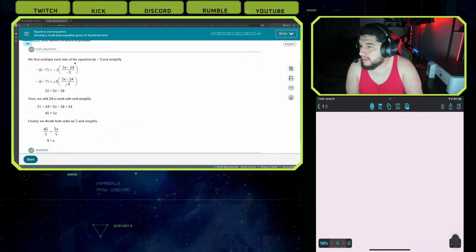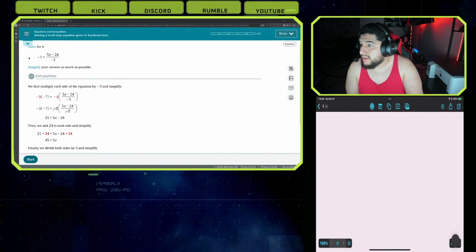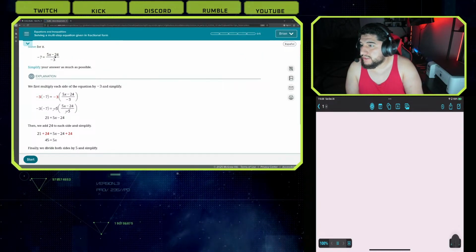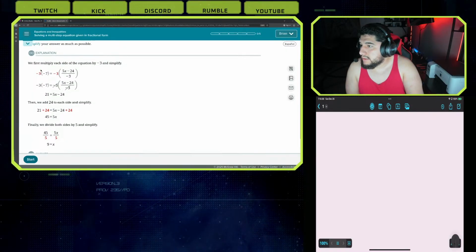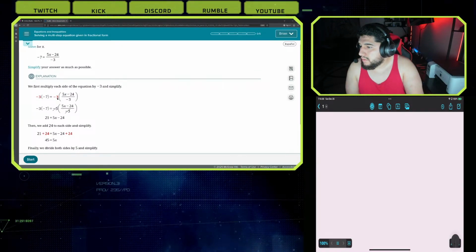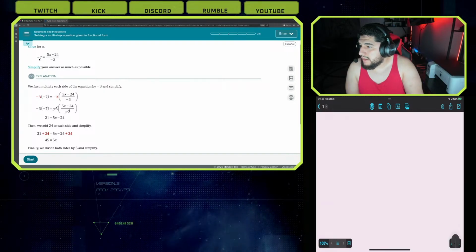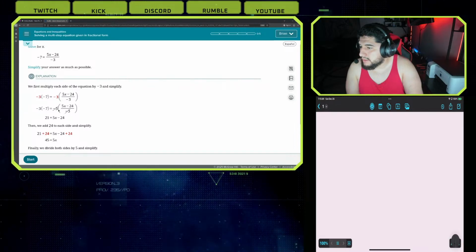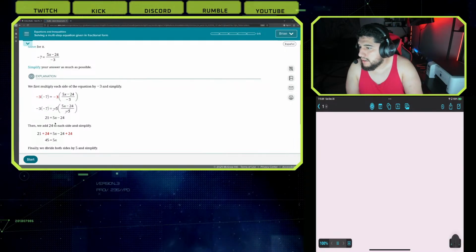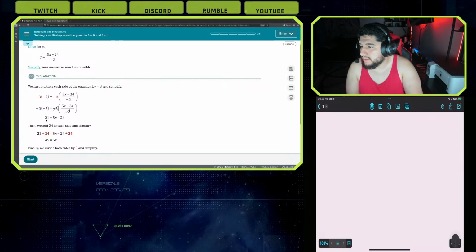We first multiply each side of the equation by -3 and simplify, because the opposite of division is multiplication. Alright, so now we're multiplying the left side by -3 and the right side by -3, so we cancel out the -3 on the right side. But now we have to multiply -7 and -3, which equals 21.